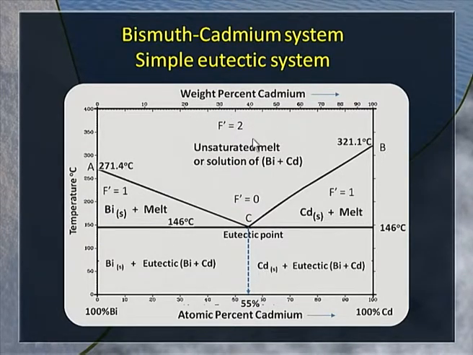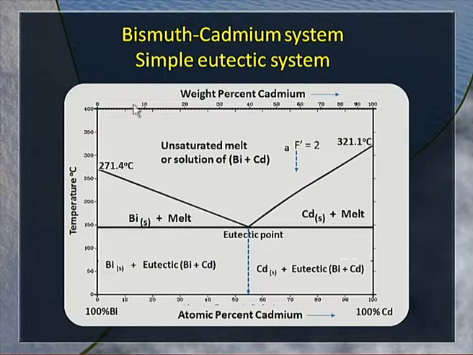F prime equal to 2 is a bivariant system, and where we have two phases in equilibrium on either side, F prime becomes 1, a univariant system, and the eutectic point is the place where the degrees of freedom is equal to 0, indicating that it is our invariant point.